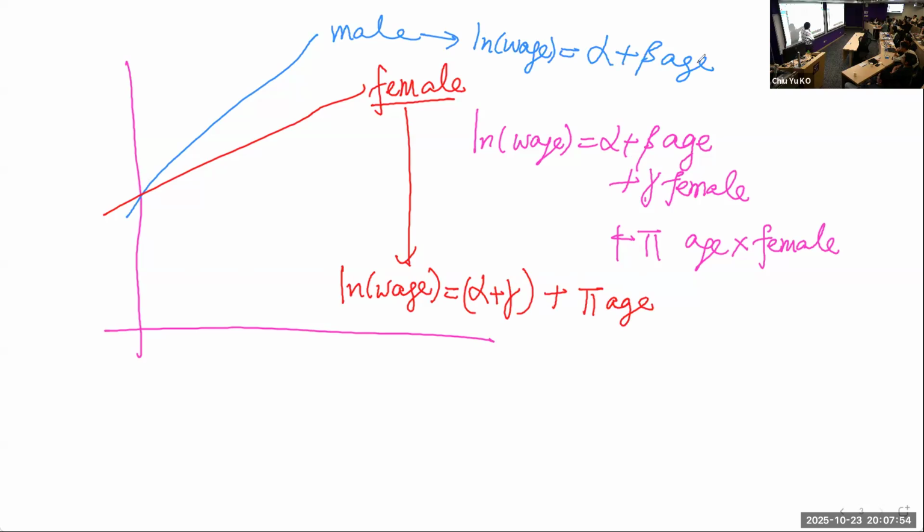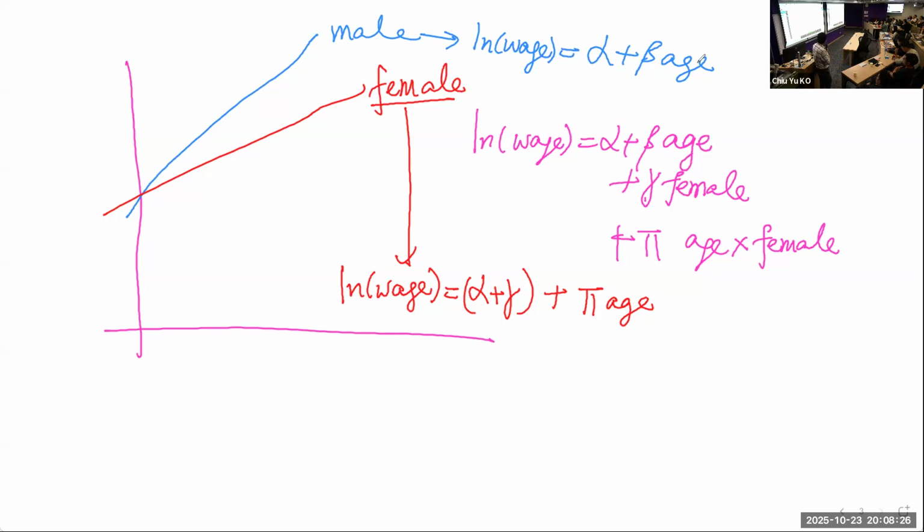And the gamma is the coefficient of the first line, which is not different from 0, so that is the same. The pi, the female times age, is negative 0.03, and this is 0.09. So that is how to explain this model.